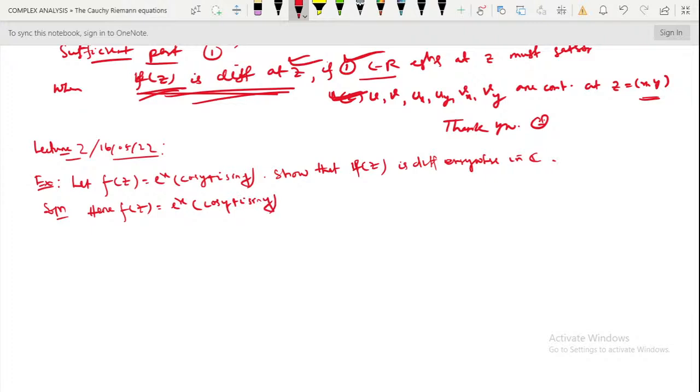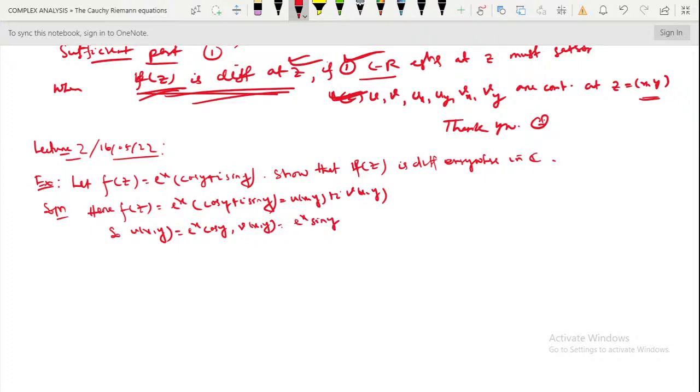So what is your u of x y and v of x y? This thing is your u of x y plus i times v of x y. So your u of x y is e to the power x cos y, and your v of x y is e to the power x sin y.